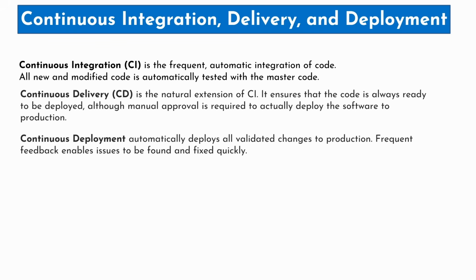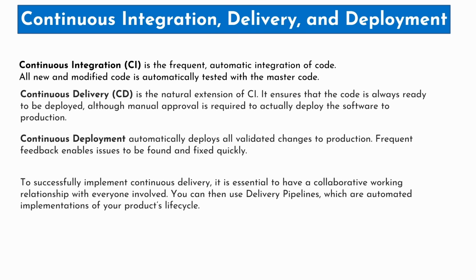However, continuous deployment automatically deploys all validated changes to production. Frequent feedback enables issues to be found and fixed quickly. So to successfully implement continuous delivery, it is essential to have a collaborative working relationship with everyone involved. You can then use delivery pipelines, which are automatic implementation of your product's lifecycle.